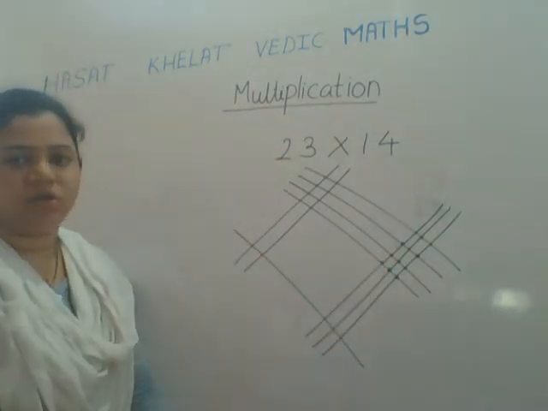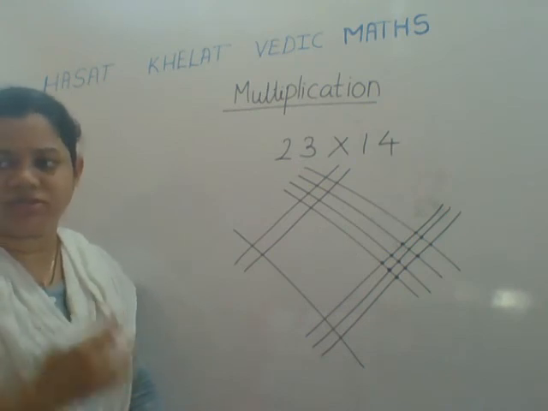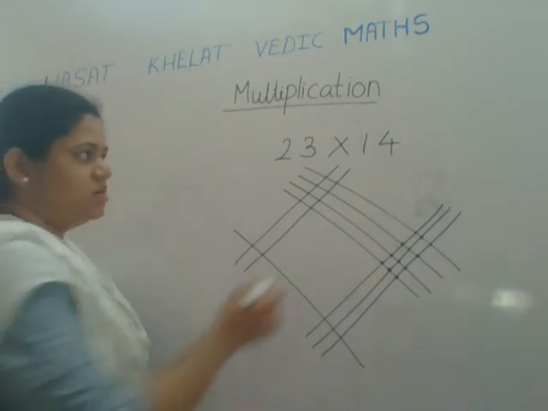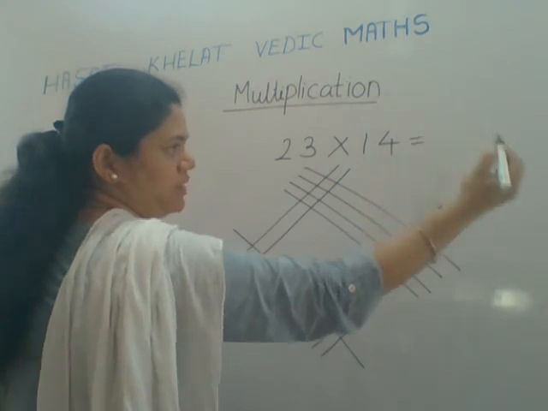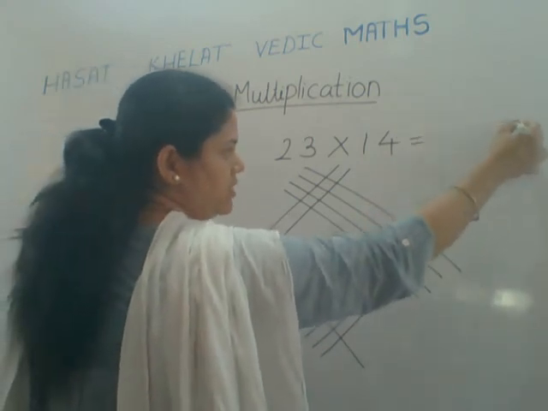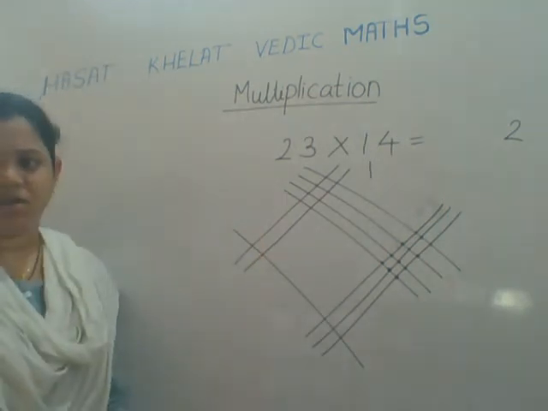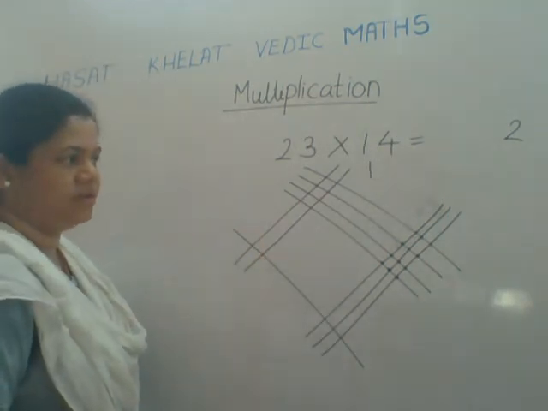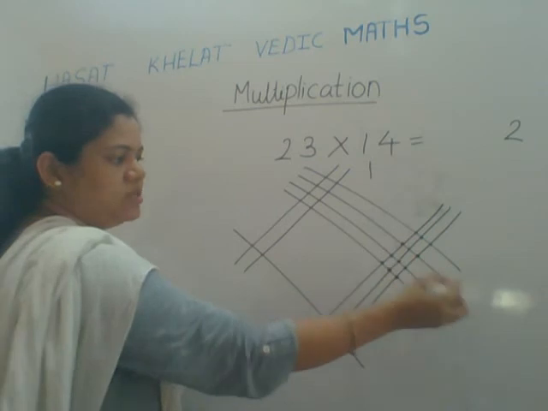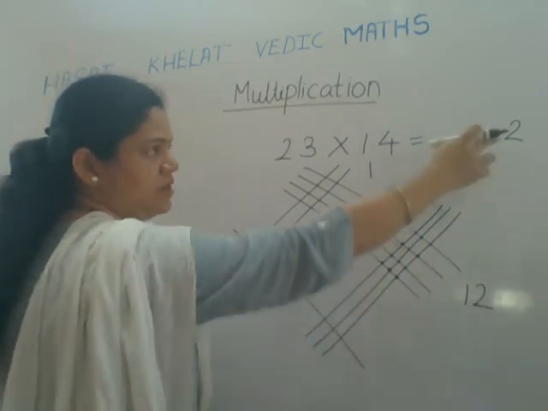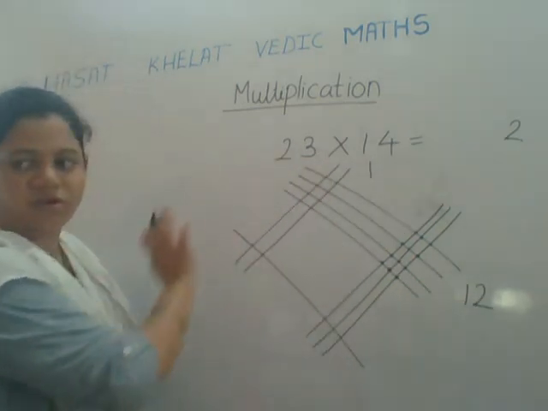Now here I got 12 intersection points, a 2-digit number. So while writing in the units place, I will just write 2 and I will take 1 for carry. We have got 12 intersection points here, so I have written 2 and took 1 for carry.